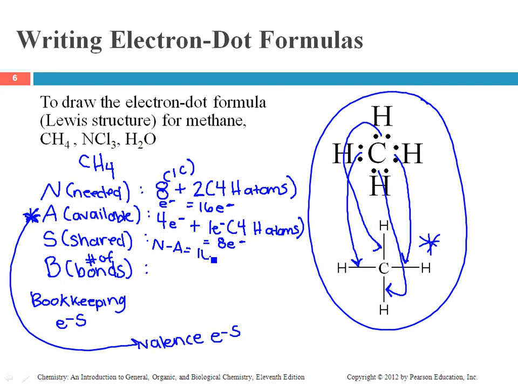So 16 minus 8 equals 8 electrons. That means we are going to be sharing 8 electrons in covalent bonds. If every bond contains 2 electrons, then our number of bonds, these two go hand in hand, is 4 bonds.